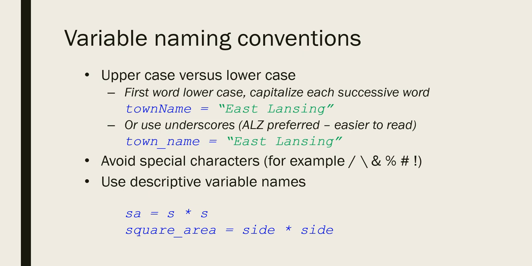The naming conventions for Python are: when you create a very long name which has multiple words in it for your variable, the convention is to use an underscore, because the variable name has to be one set of characters. You cannot write town space name. Town space name would be interpreted by Python as two different things.